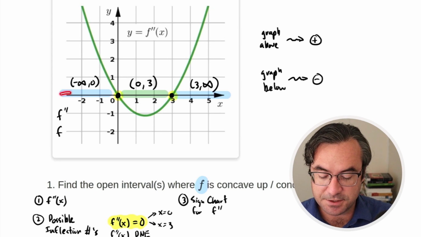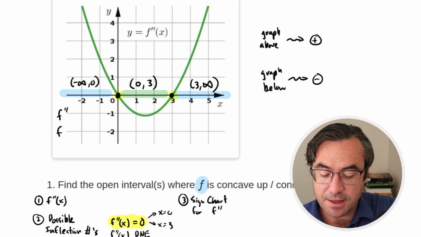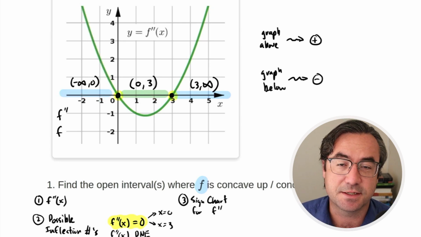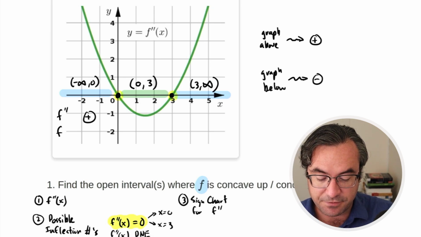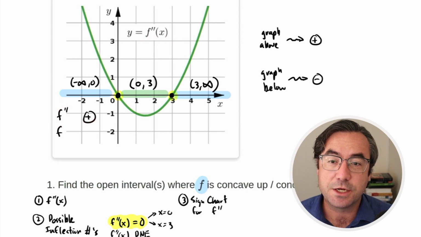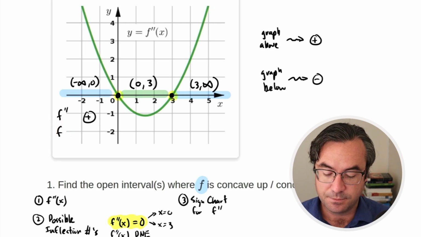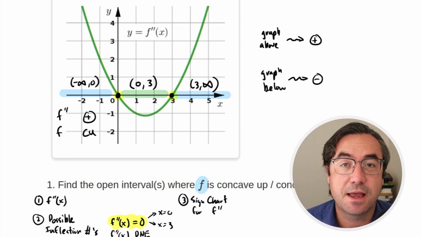When we look at this section of the x-axis, we see that the graph is literally above the x-axis. Because this is the graph of f double prime, that means f double prime is positive, which means that since the second derivative is positive, the original function must be concave up on that interval.